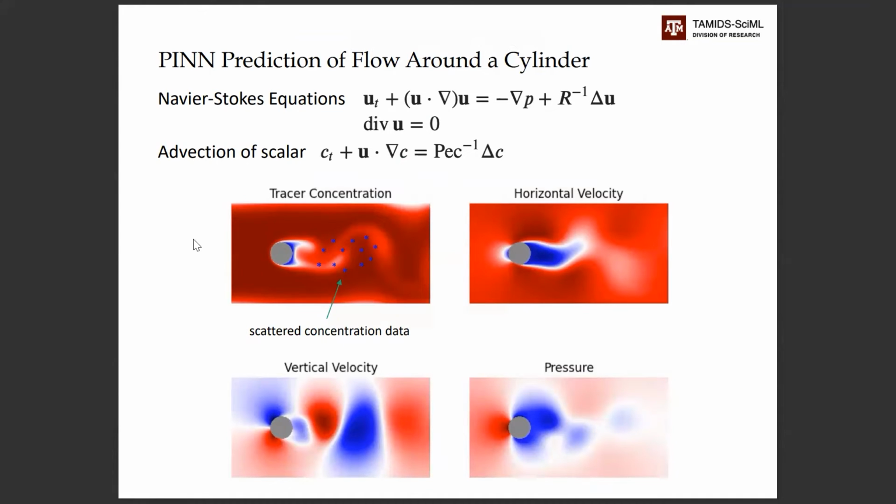The basic idea is, suppose you have a PDE, the Navier-Stokes equation. You're trying to model the flow of a liquid around the cylinder. You have a tracer in the fluid, and you want to model the velocity of the fluid, the pressure, and the tracer concentration.